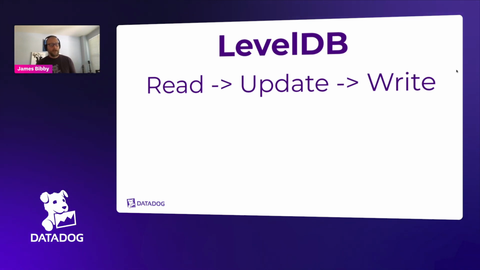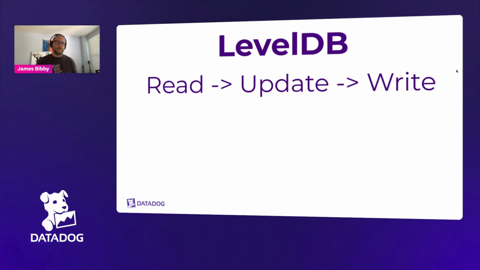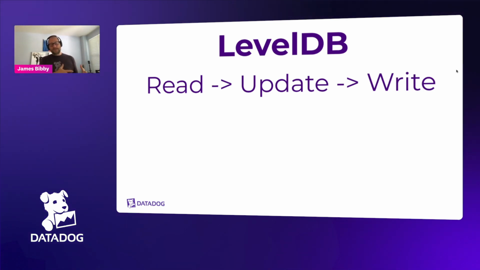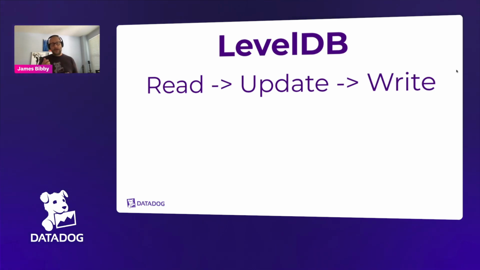One of the primary bottlenecks in our LevelDB database was because we're using those roaring bitmaps as keys. Every time we see some new tags, we need to go and read the existing roaring bitmaps that exist for that metric and tag combination, add our new values if there are new values, and then write that back.